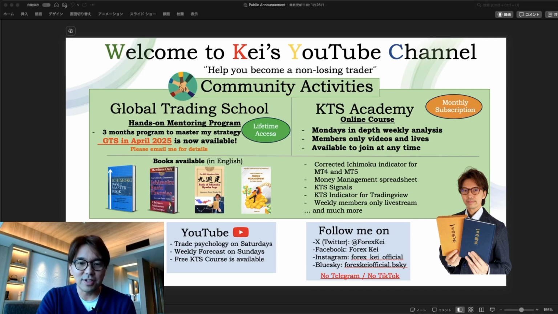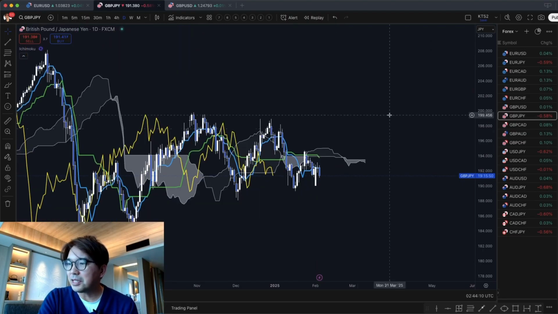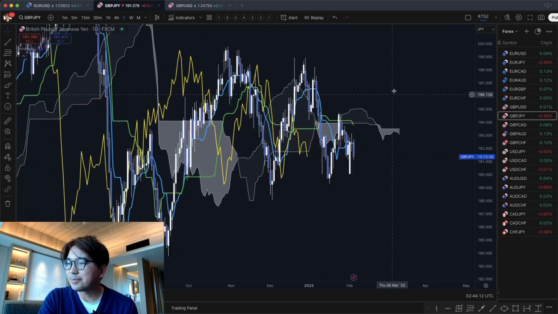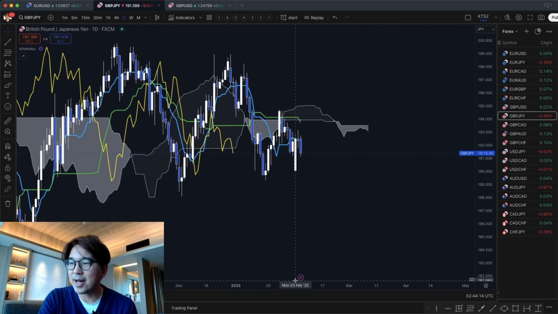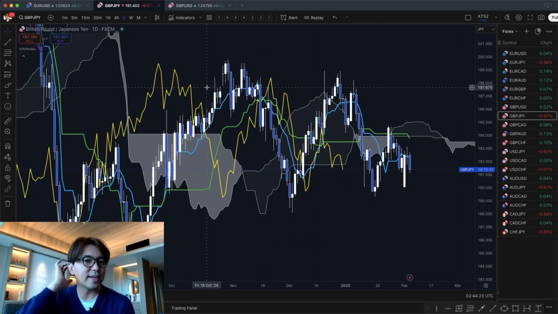So let me switch screen to TradingView, and today let me introduce this market, Pound JPY, and this is a daily time frame, and today is the 5th of February. This is on Wednesday.